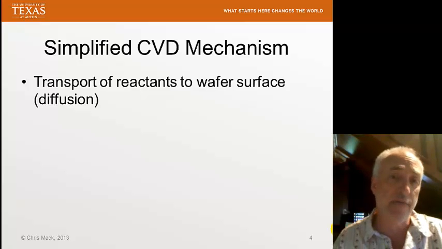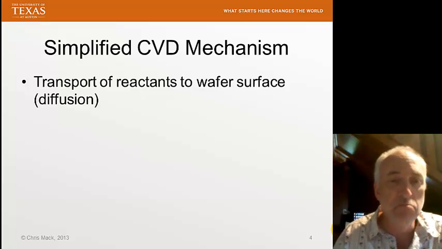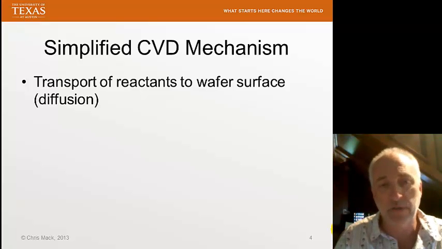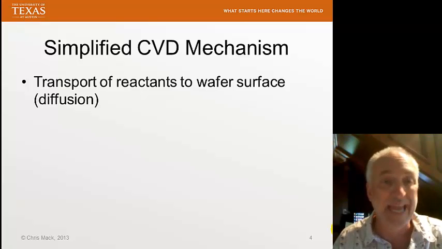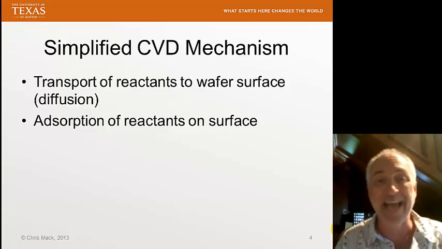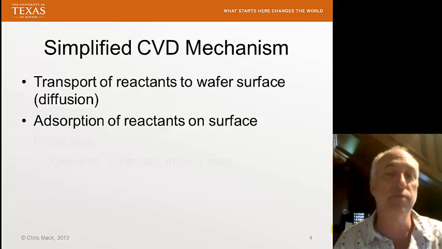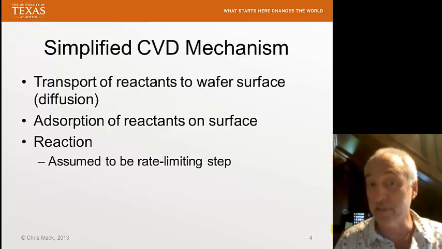First, we have the reactants in the gas phase, and they need to be able to move to the wafer surface where the reaction is going to take place. So there's a diffusion step, a gas mass transport operation. Then the reactants are adsorbed onto the surface of the wafer, and finally at the surface there's some reaction that takes place.